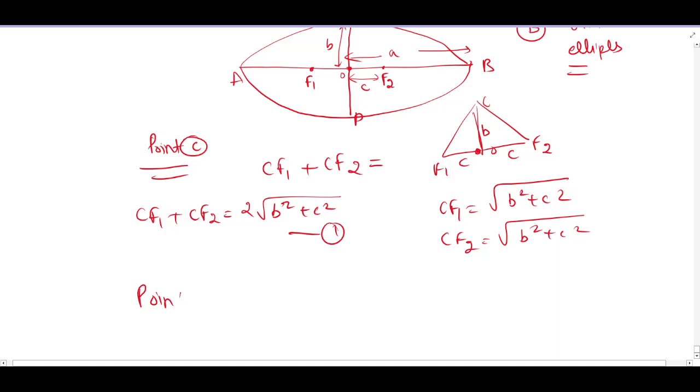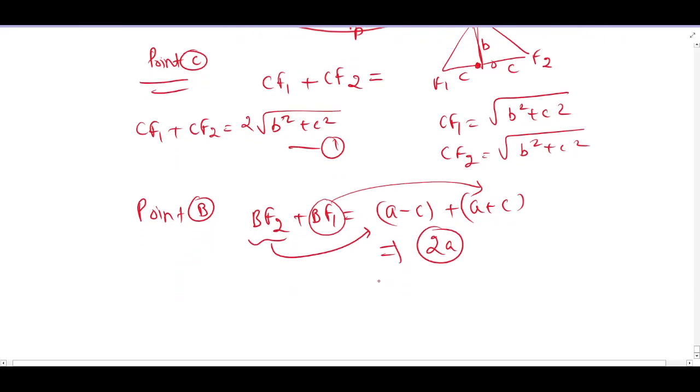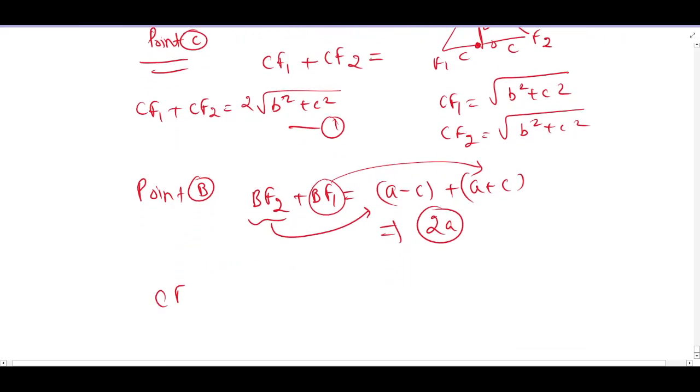Similarly for point B, we can say BF2 plus BF1 is equal to: BF2 is a minus c, plus BF1 is a plus c, which is equal to 2a. So from the definition of ellipse, CF1 plus CF2 is equal to BF1 plus BF2.